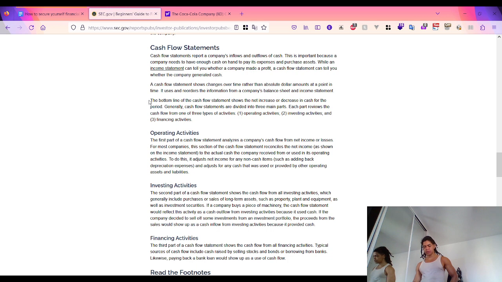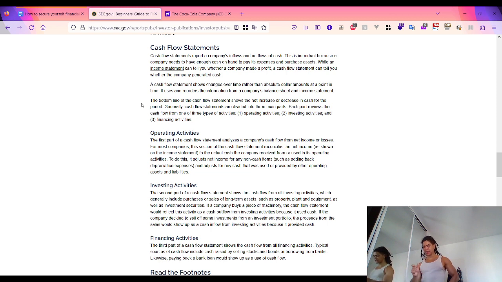The bottom line of the cash flow statement shows the net increase or decrease in cash for the period, whereas the income statement shows how much money the company made or lost, the net profit.